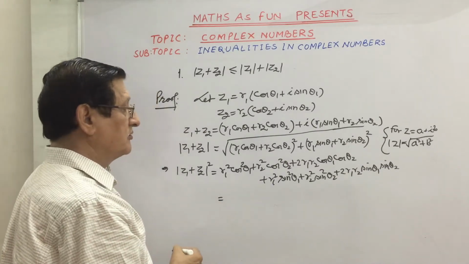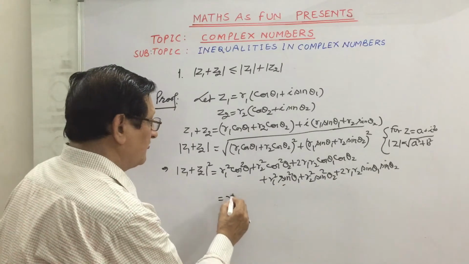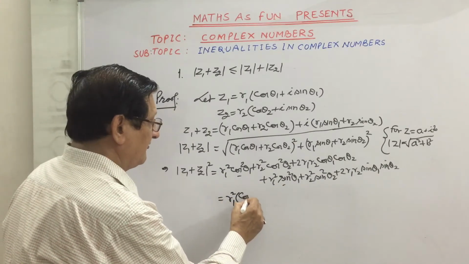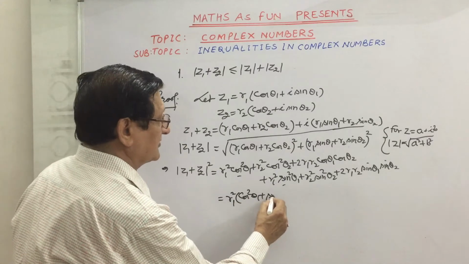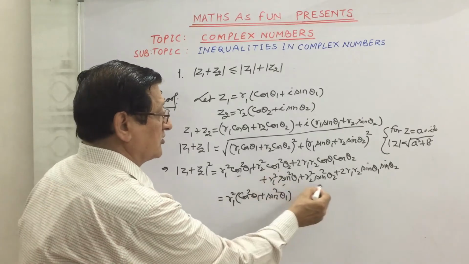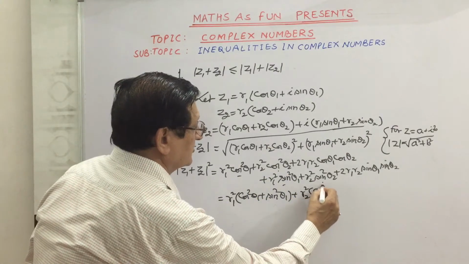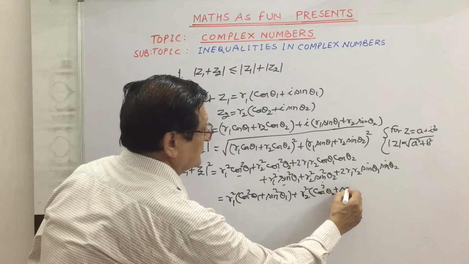If we take these two terms together and take r1 square common, this will give us cos square θ1 + sin square θ1. If we take these two terms and take r2 square common, we get cos square θ2 + sin square θ2.